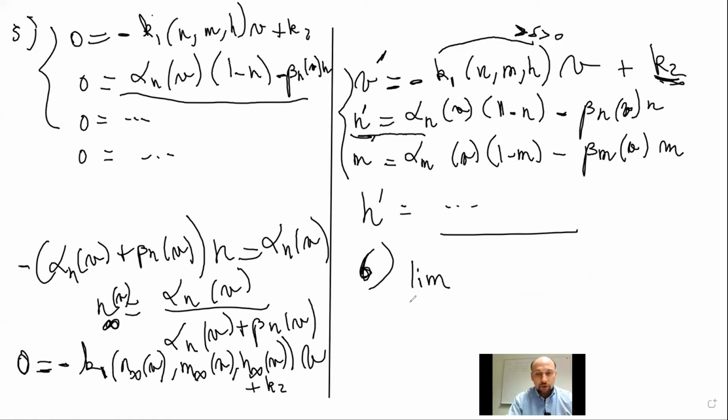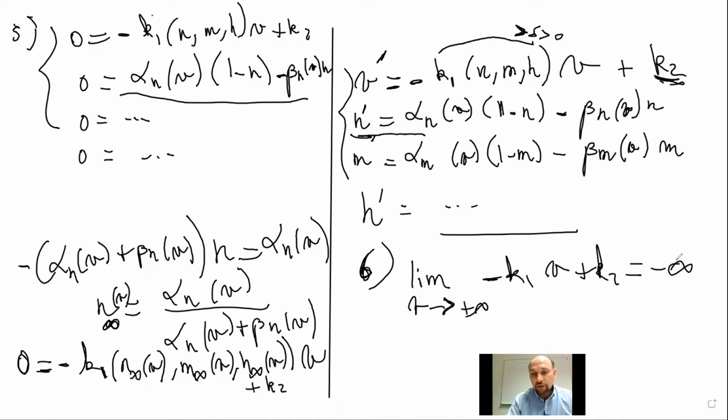So you can write that the limit as V goes to plus infinity of minus K1 of V plus K2 equals minus infinity. You can prove that. We should look at the expressions of the original HH, but I let you do that.